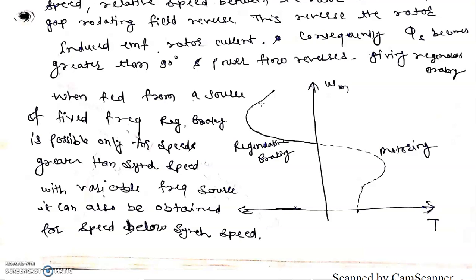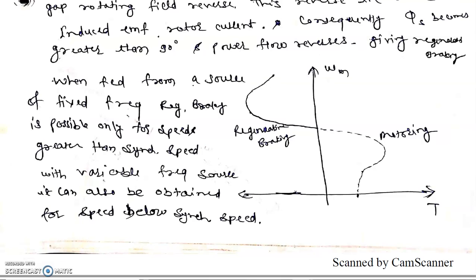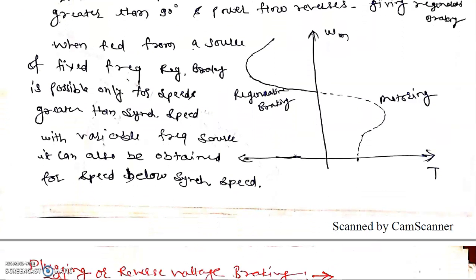But with a variable frequency source, it can also be obtained for speed below synchronous speed, because the synchronous speed omega ms, which is given by 120 f upon p, changes when the frequency is changed, so it is possible below the synchronous speed also.